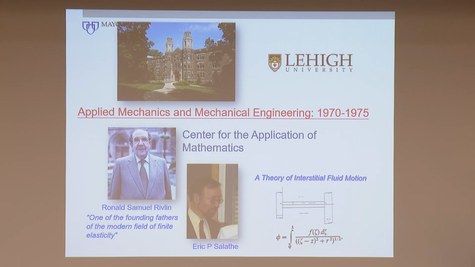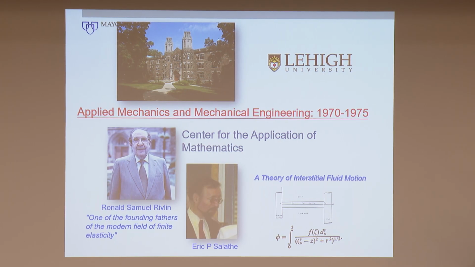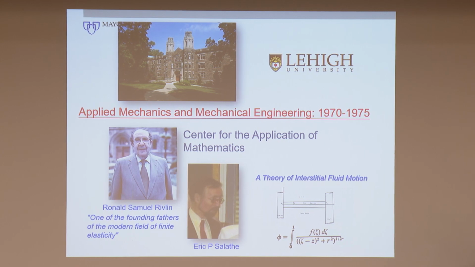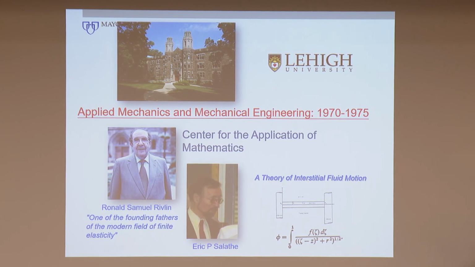Professor Y.C. Fung was in aerospace engineering, then started with biomechanics, but more or less concentrated on circulation. How does the blood pump through the artery, capillary, eventually venous, back to the heart, especially pushing the red blood cell? Such a large red blood cell has to deform and squeeze through the capillary to be captured on the other side. That's why Professor Eric Salate and I went to the library.